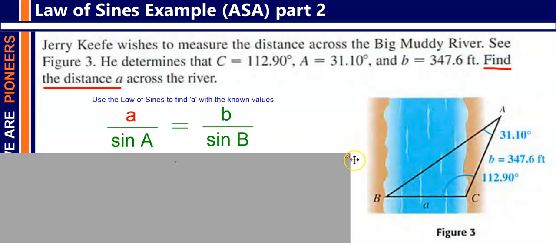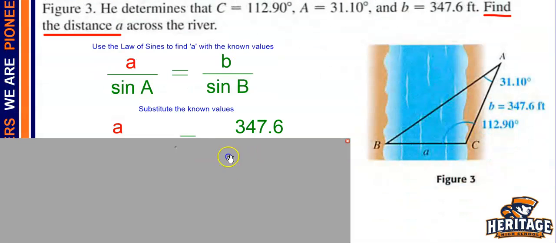Okay? You always need one complete pair. Previously, we didn't have it at the moment. We never had, for example, angle C with side C. So we needed to find a complete pair, which was in this case right there.